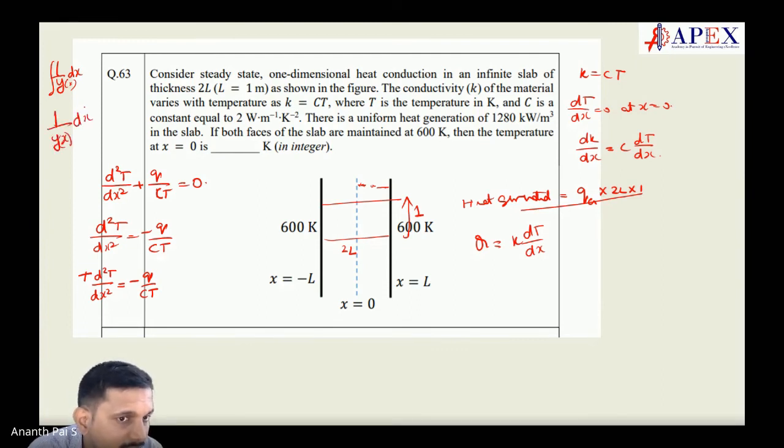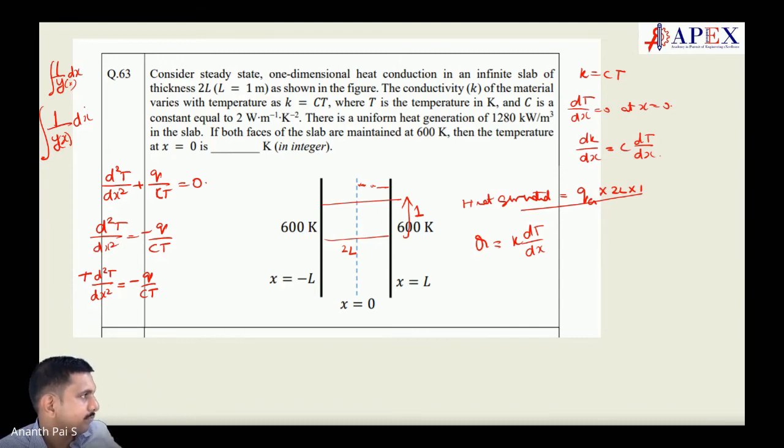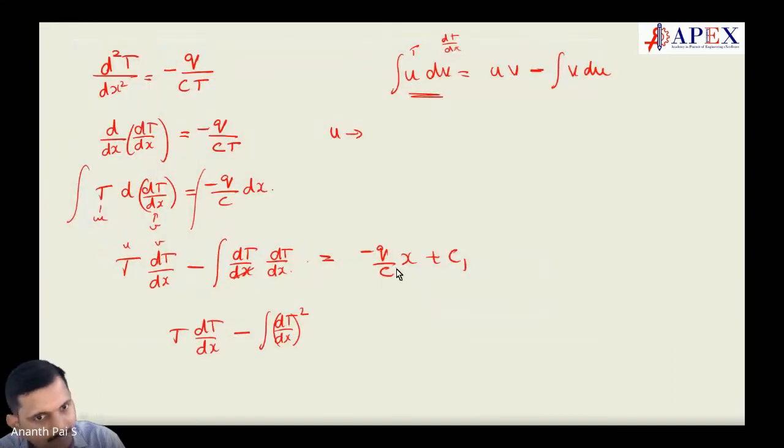What is the integration? Yeah, we'll take it like that only, but how will you integrate?